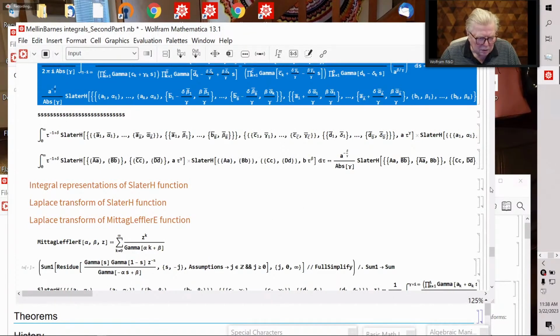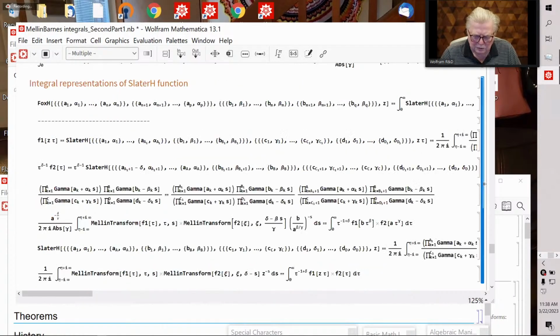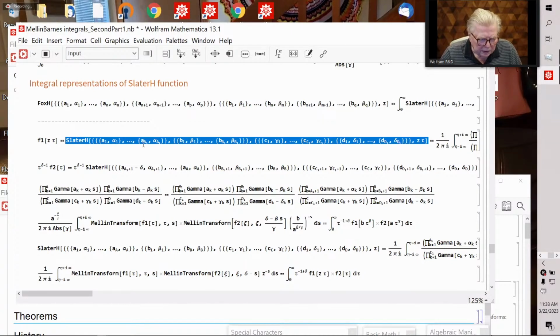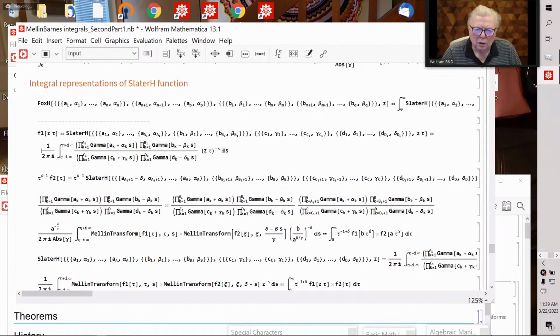And other new formula which I demonstrate here is the following. Now we have, for example, SlaterH function. It means we have this product.